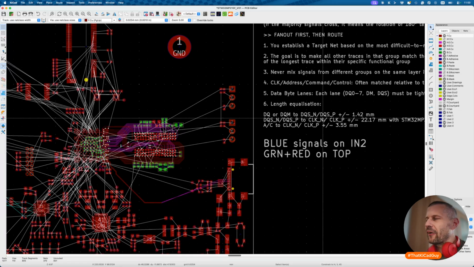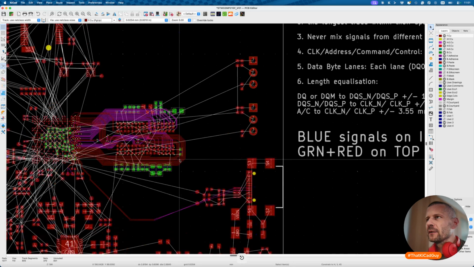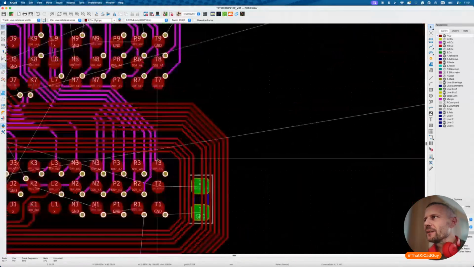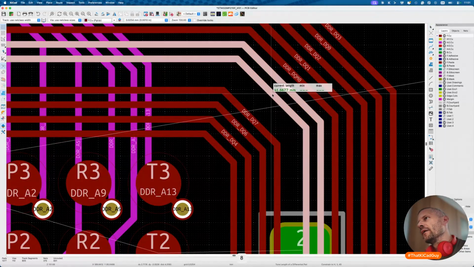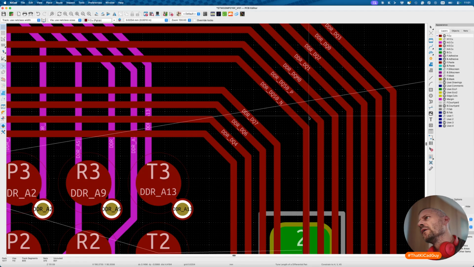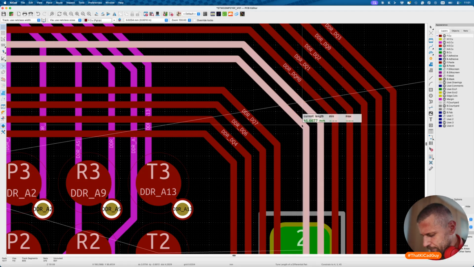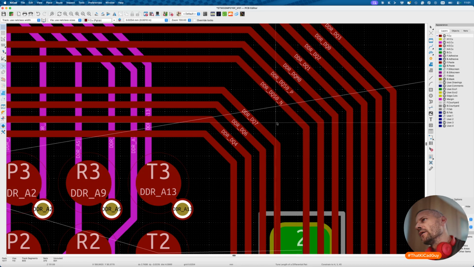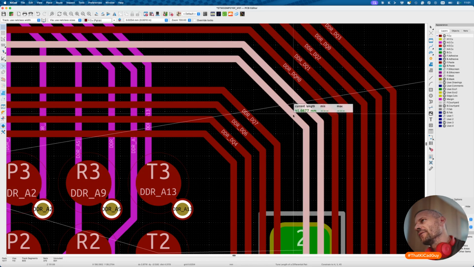its or their path. So we identify that this DQS0 pair, P/N is 41.66.